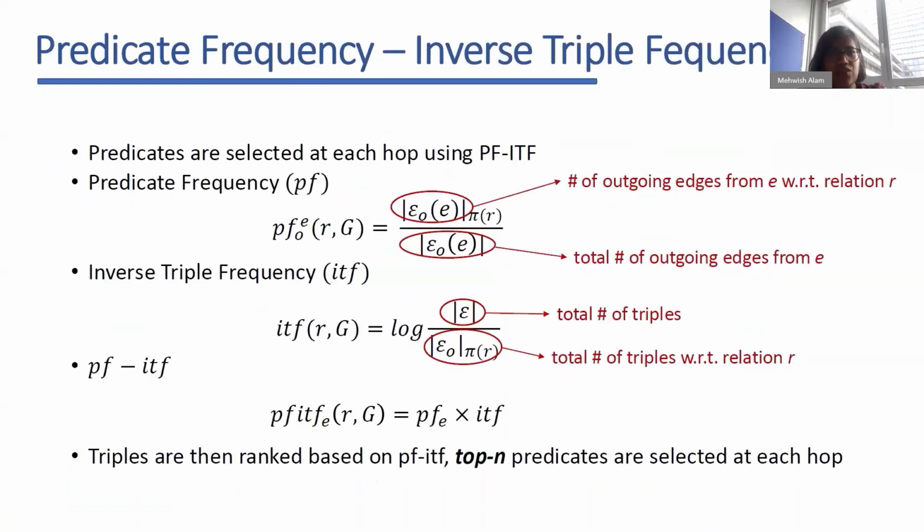And then what we did was not to do all the walks. So for example, if you start from one entity, you will have several paths out of this entity, and they can be really huge and it can blow up. So what we did was use predicate frequency inverse triple frequency to select just the top 10.